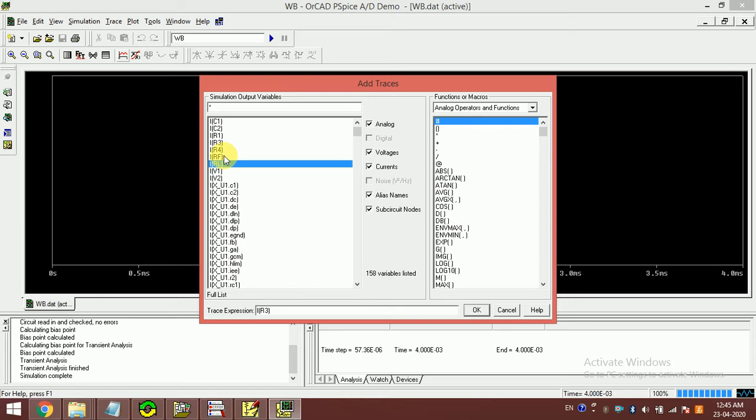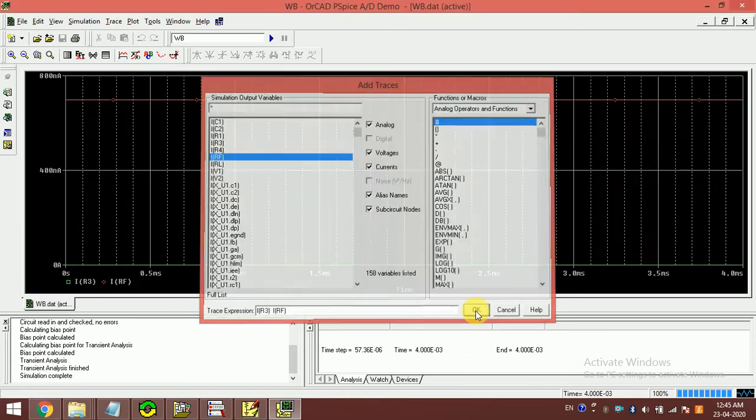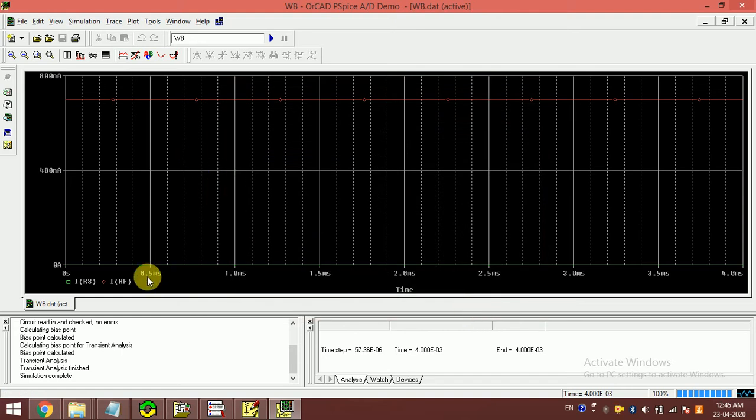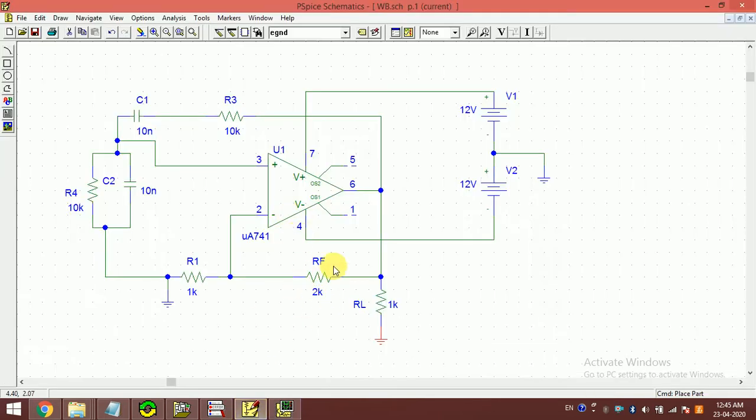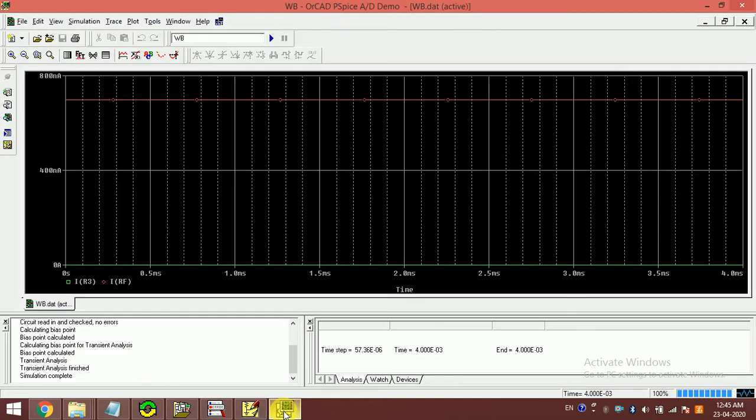I want to see the current across R3 and RF. You can see R3 has very high current, RF almost zero current. Since this value is very, very small, most of the current goes through here.